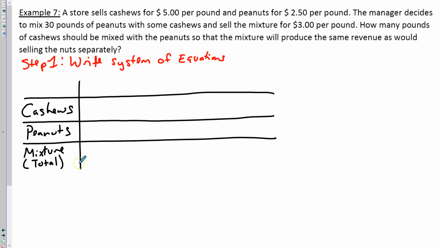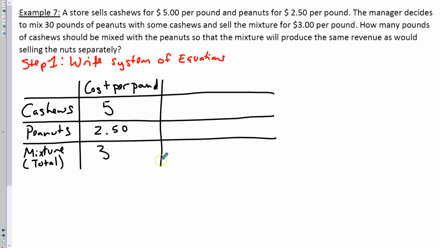And we're also talking about these categories with respect to different things. So they talked about the cost per pound. Reading through, the cashews cost $5 per pound, the peanuts cost $2.50 per pound, and we want to sell the mixture for $3 per pound.